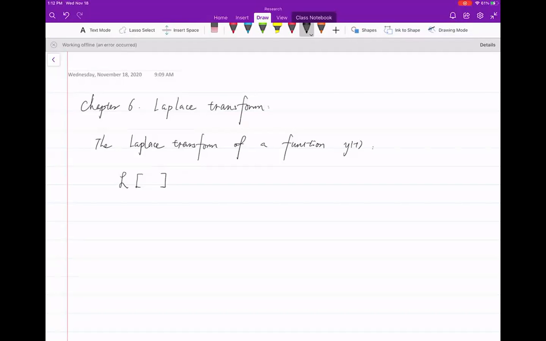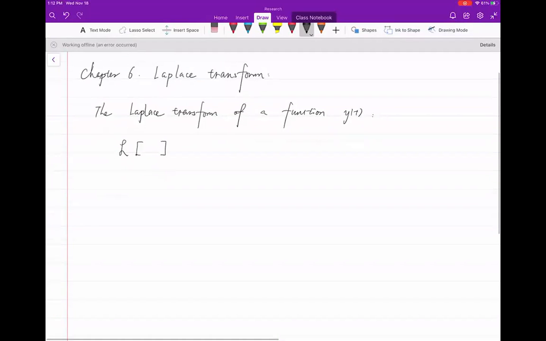Okay. So to introduce the Laplace transform, we take L as the notation for Laplace transform. We take brackets instead of parentheses. So we transform a function of t to be a function of s. And that is going to be this.